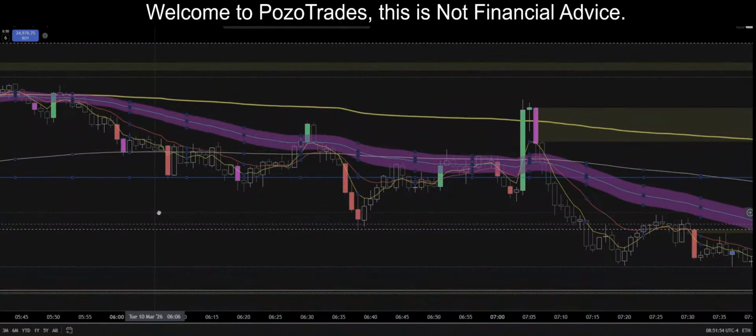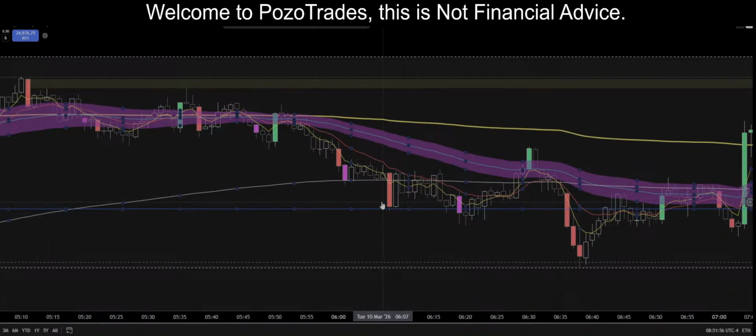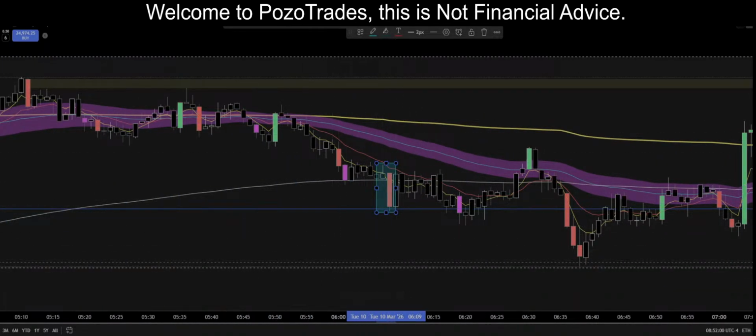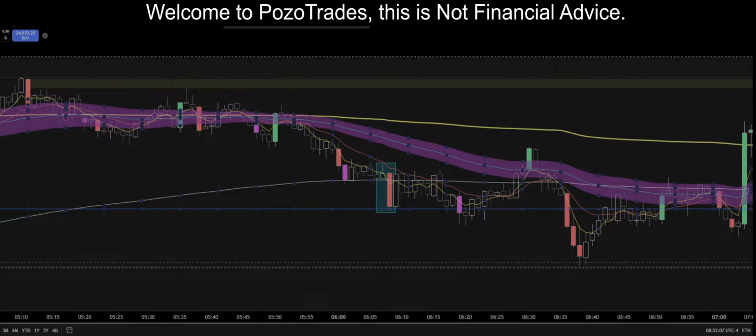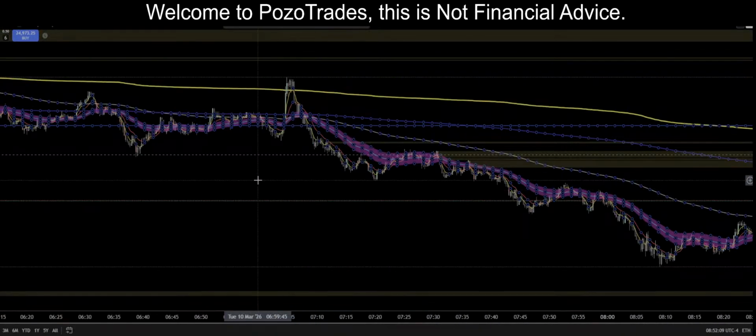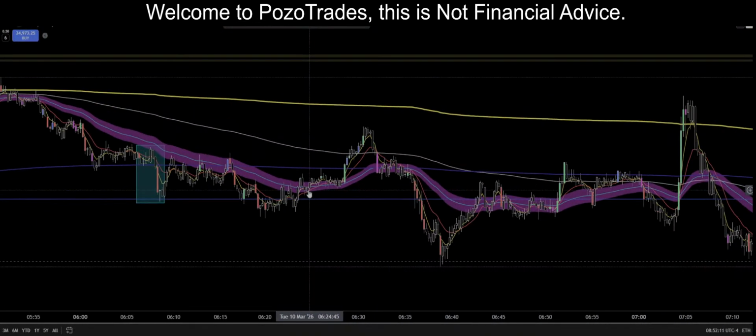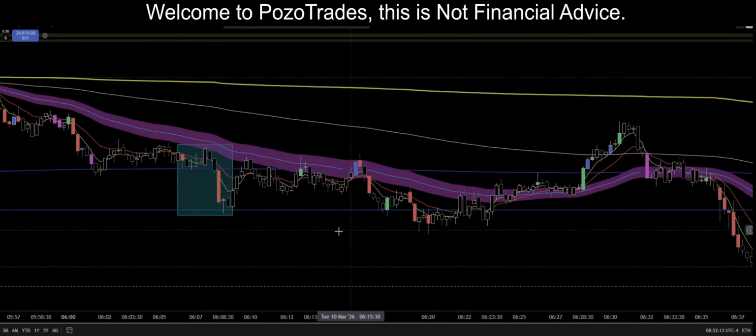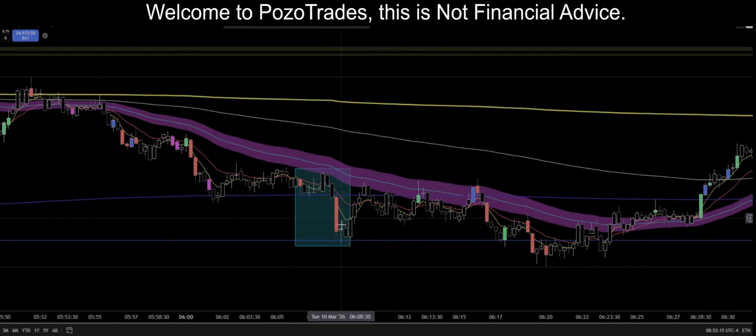Or like here, let me see if I mark this one off. So this was a 1 minute red vector.